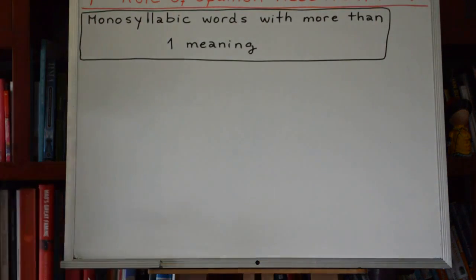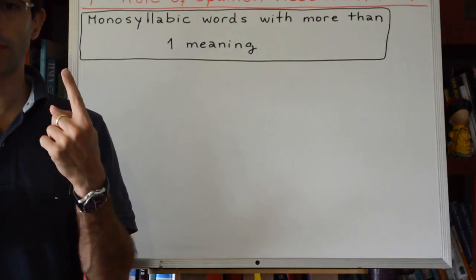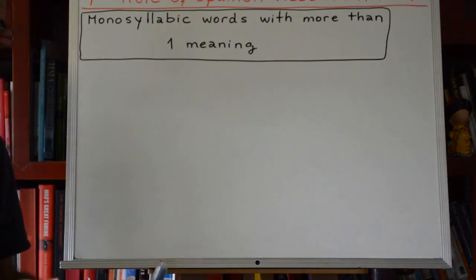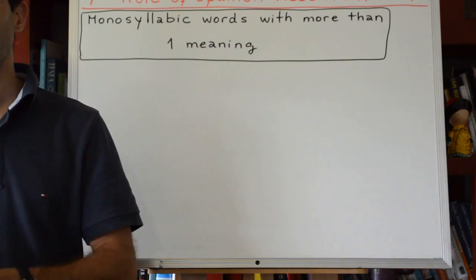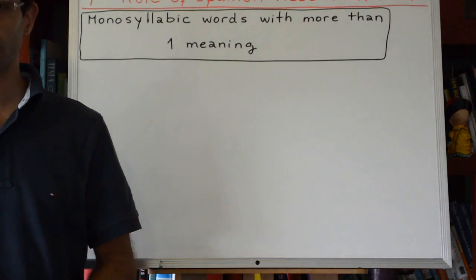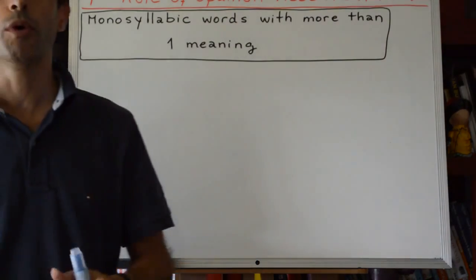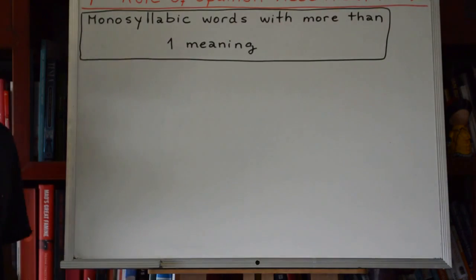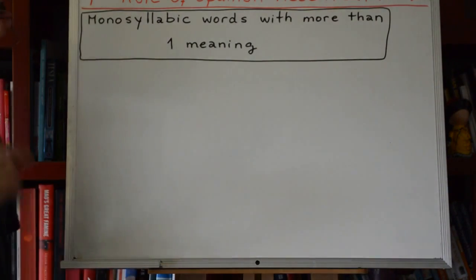So, we are talking about monosyllabic words that have only one syllable. You cannot separate them into syllables. Rules 1 and 2 were mainly for words that had more than one syllable, okay? Rule number 4 is especially for words that have only one syllable.